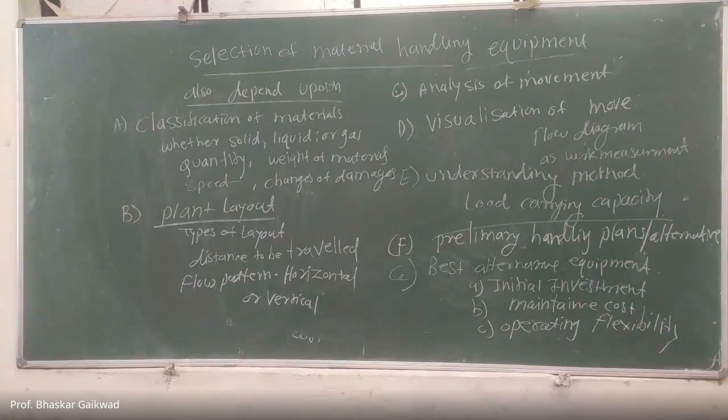Based on fixed or variable path, you can then go for selection of the material handling. If the product layout is there, a conveyor will always be there, but if a process layout is there, we can use a flexible material handling system. Here you also consider how much distance we have to travel from one place to the next, and whether the flow of material is horizontal, vertical or at an angle.